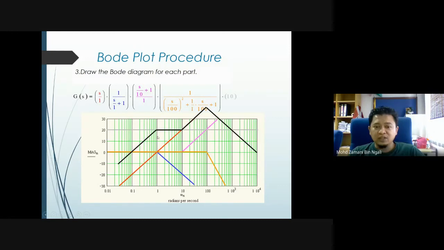So this is your final gain line, we call it. This is only for the first graph, which is the gain, the magnitude line.